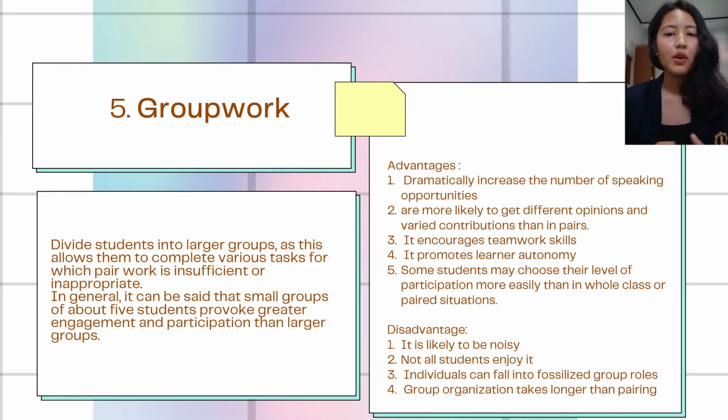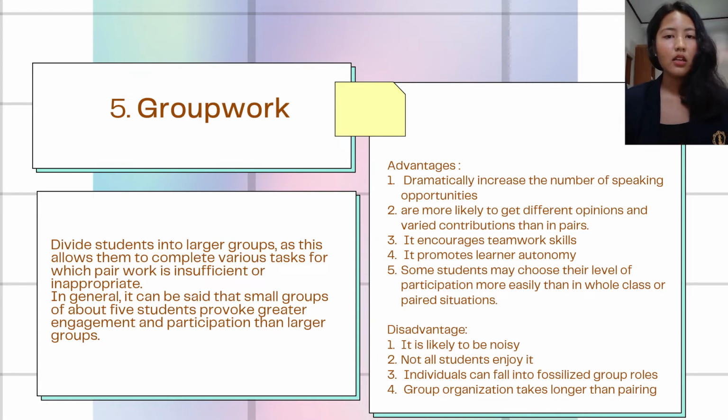And third, individuals may fall into group roles that become fossilized, so that some are passive whereas others may dominate. And fourth, groups can take longer to organize than pairs.